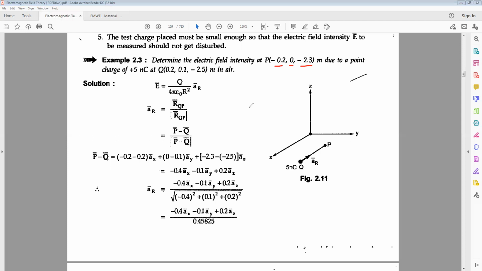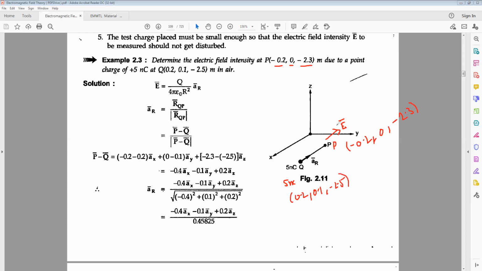So you have to find the electric field intensity at the point P.